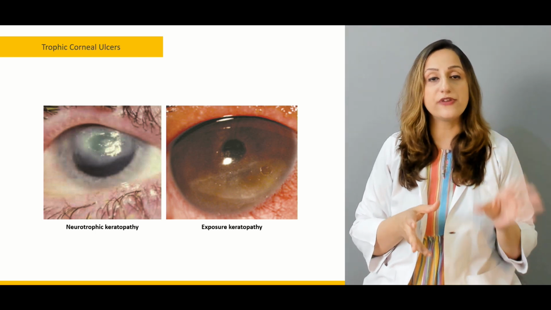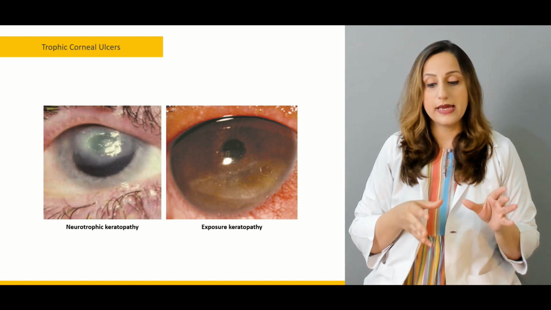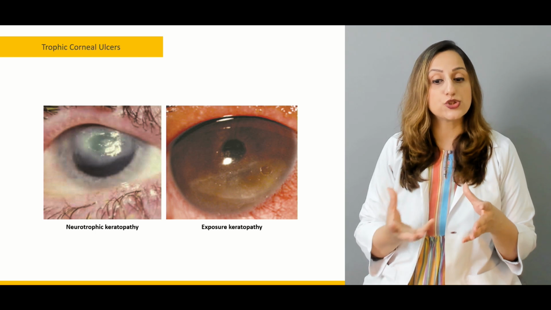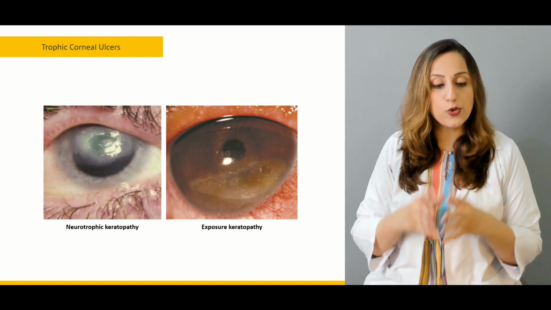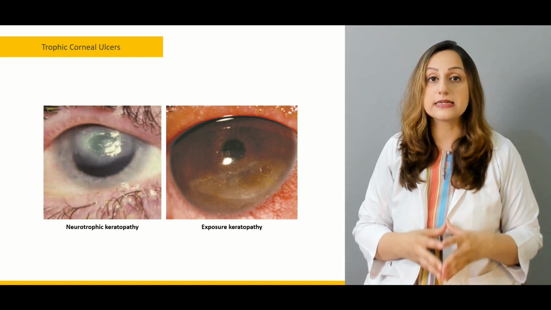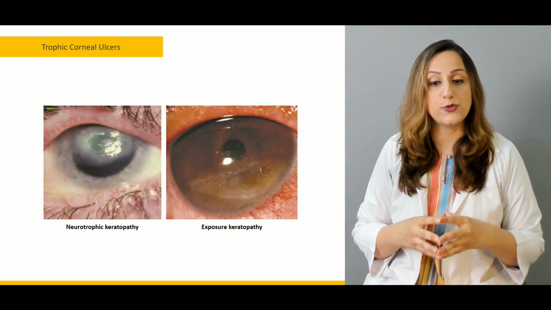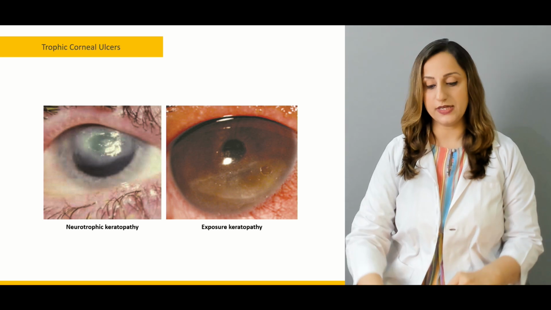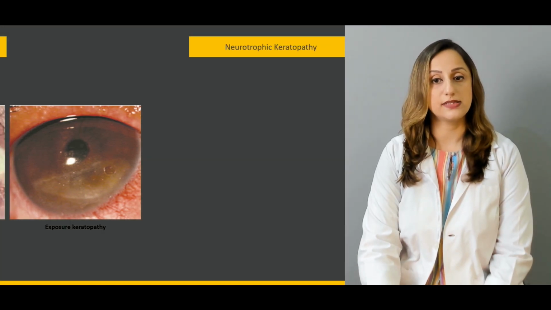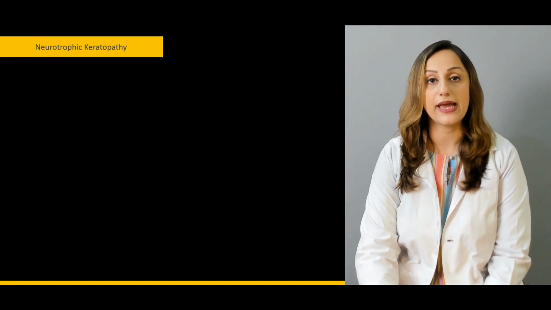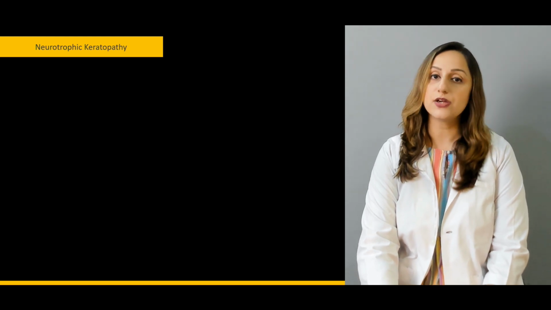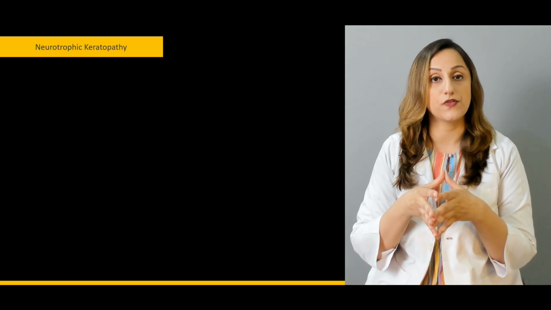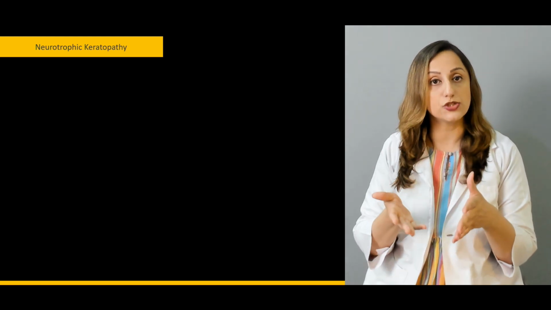So one of the varieties that we studied over here is the neurotrophic variety, and on the other hand we have the exposure keratopathy, which is also termed keratitis lagophthalmos, that we would be discussing. So getting into the details of neurotrophic keratopathy, we have different categories even over here, and we can subclassify this into the acquired conditions.